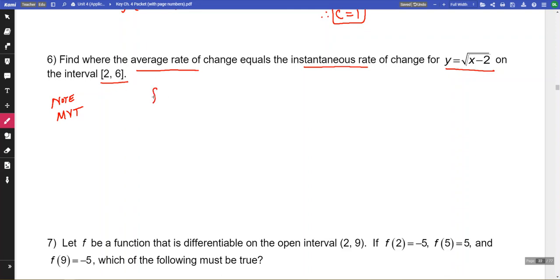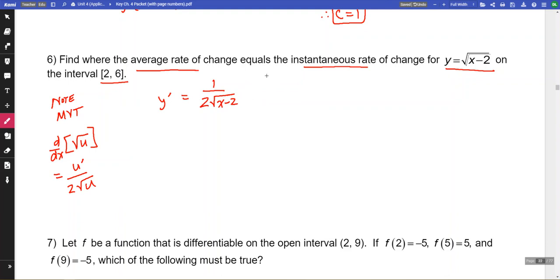So we want to find f prime of x, or in this case, y prime if we're going to maintain our notation. So y prime is going to be the derivative, which is going to be 1 over 2 square roots of x minus 2. Recall that the derivative with respect to x of the square root of u is equal to u prime over 2 square roots of u. The derivative of x minus 2 is 1, so there we have u prime over 2 square roots of u.